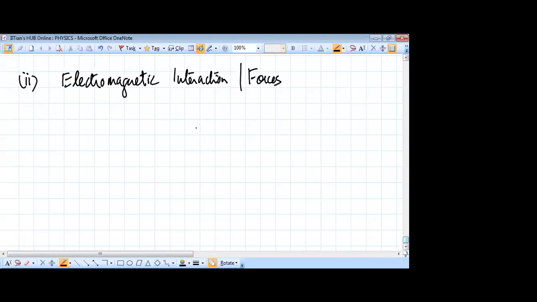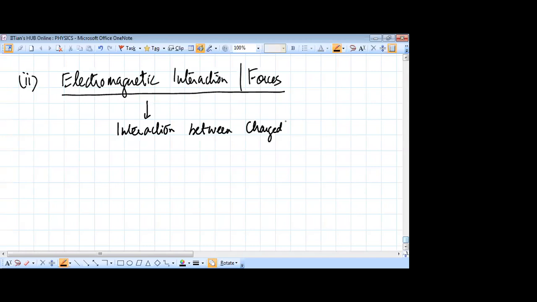So, yeah, Sarvesh, I'll provide you with the notes, so don't worry, you can go through that part later. Electromagnetic interaction is basically the interaction between charged particles.